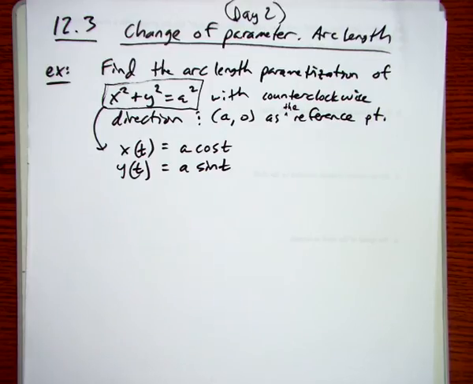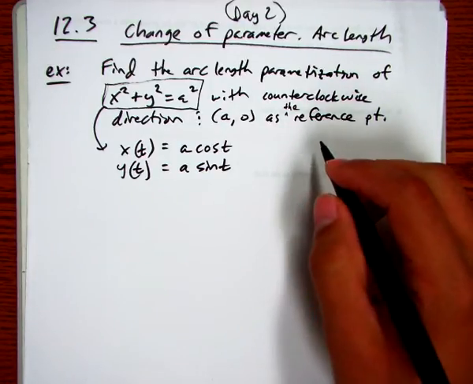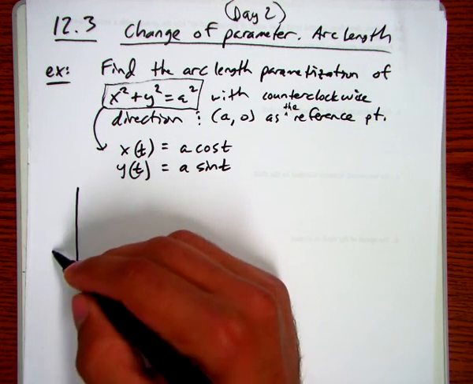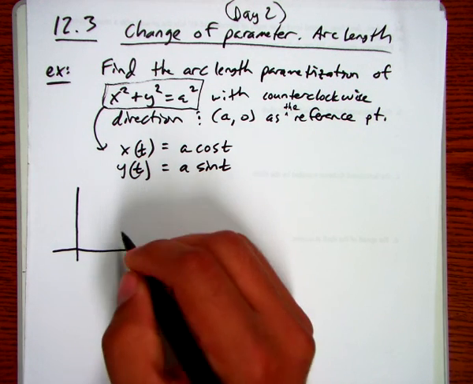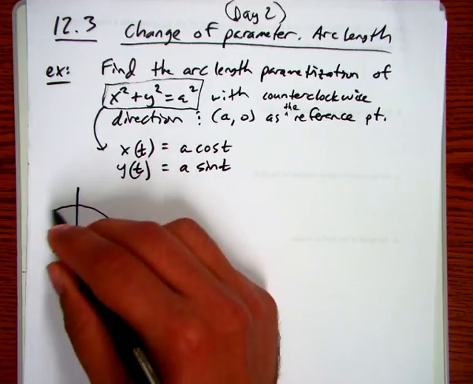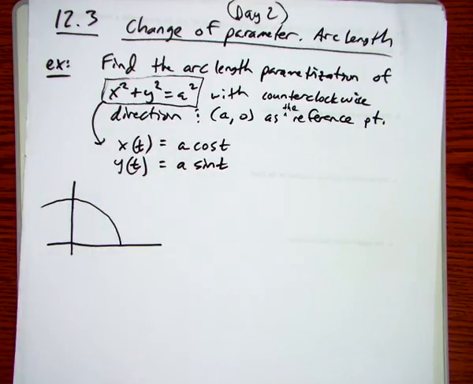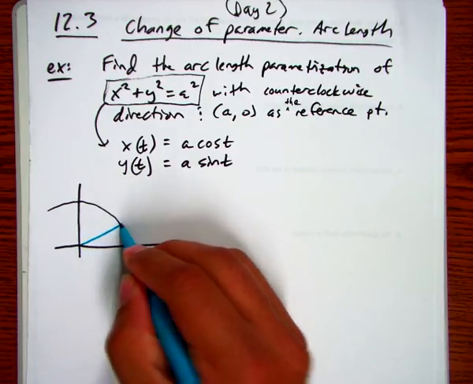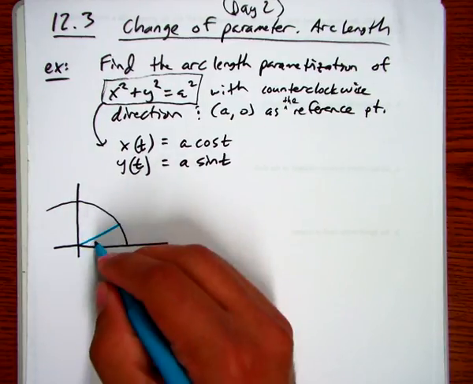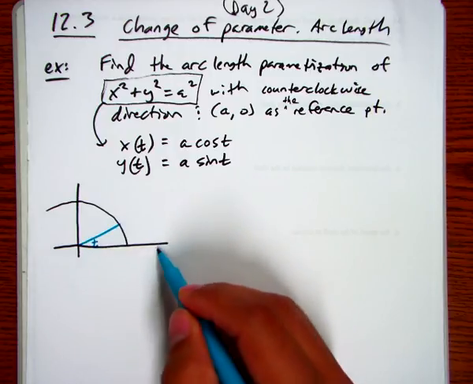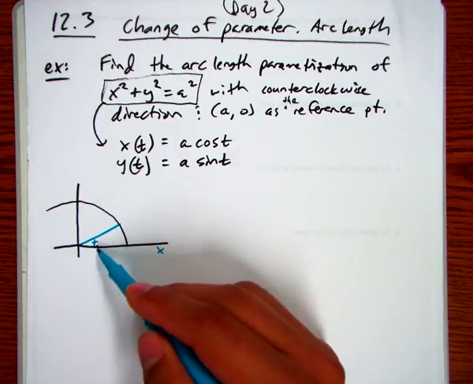Okay, so we've seen these before. Now, with circles, let's just draw a picture. When we write the parametric equation, we use this angle with respect to the positive x-axis as our parameter.